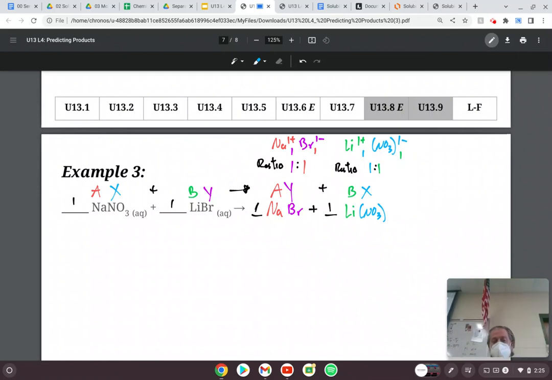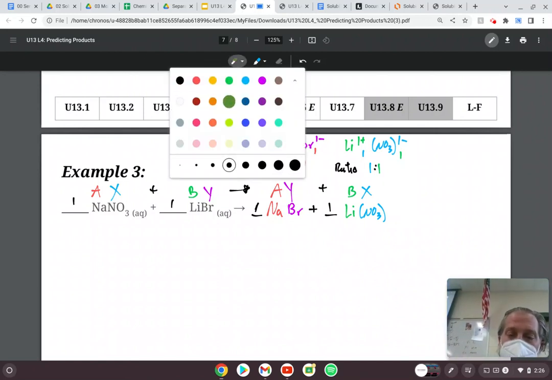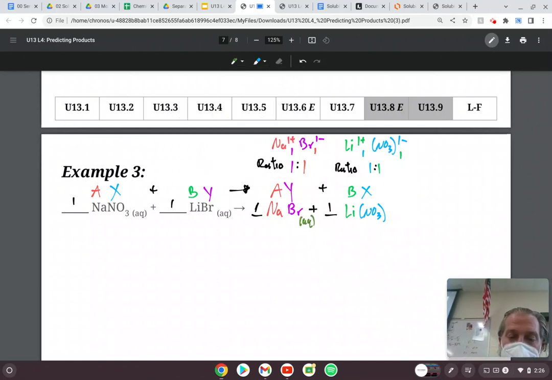But now we need to consult our solubility rules. We're going to start with solubility rule number 1, just like we did before. Solubility rule number 1 says salts of ammonium, NH4, and group 1, lithium, sodium, potassium, rubidium, cesium, francium, are always soluble. So that tells me, because of rule number 1, that first product has to be aqueous.